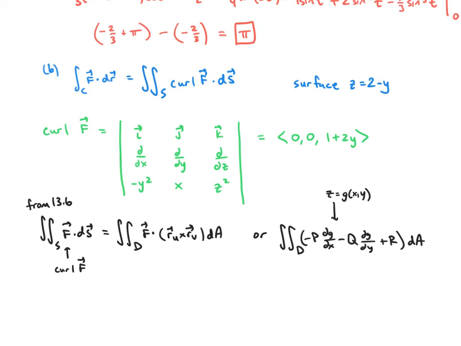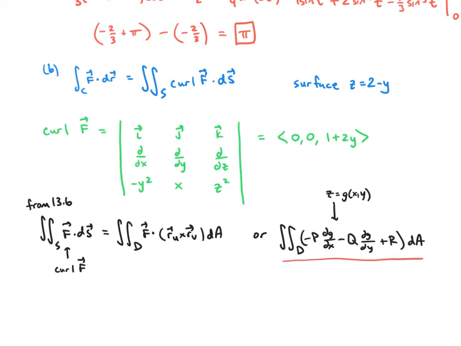So again, our options here are either to set up an additional vector that parameterizes our surface, or we utilize an already set up double integral for a situation where we have z equals, which is exactly this one. So we're going to select this equation.